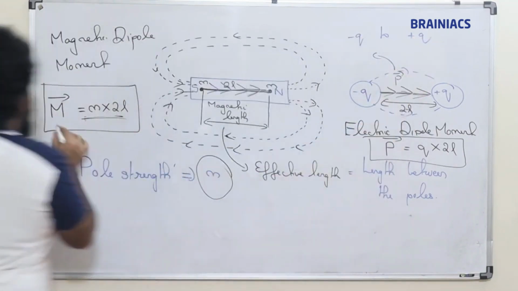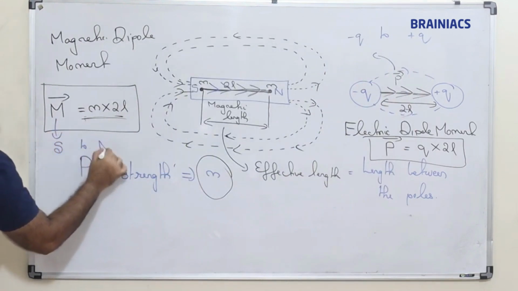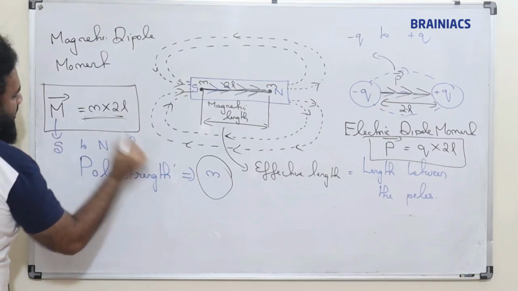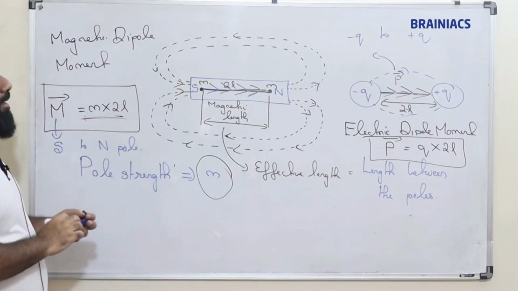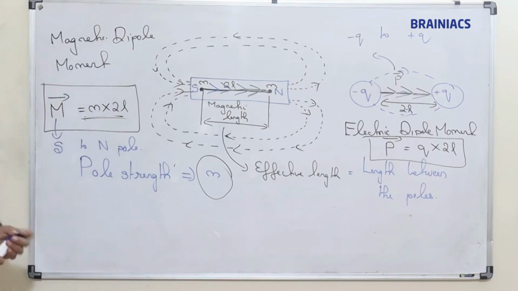Same way here, the direction of magnetic dipole moment is from south to north pole. South to north pole. Clear all of you? Please note it down. Pause the screen and note it down.